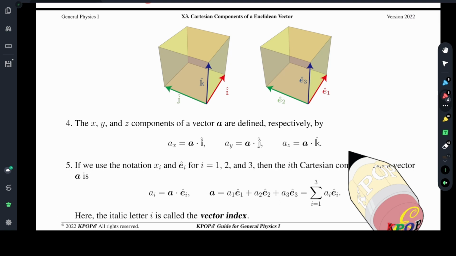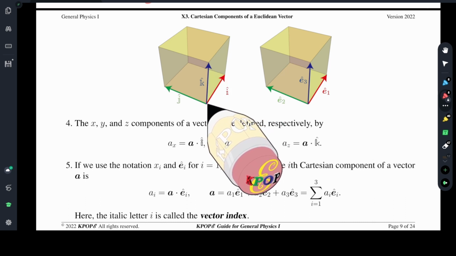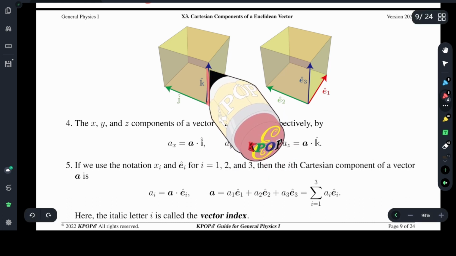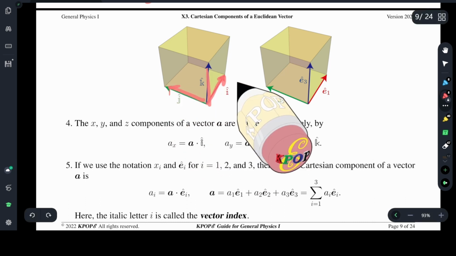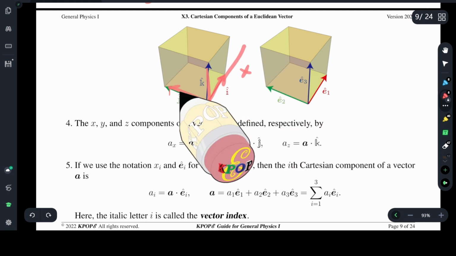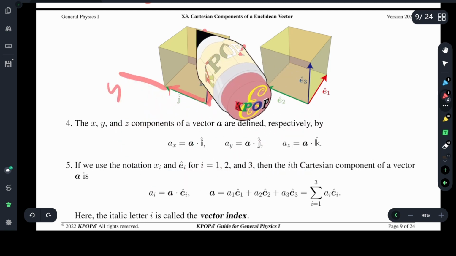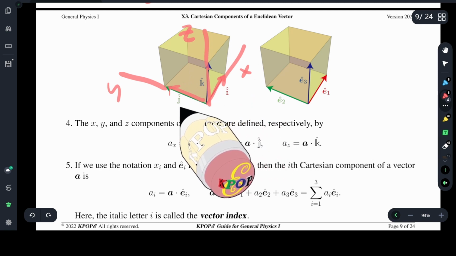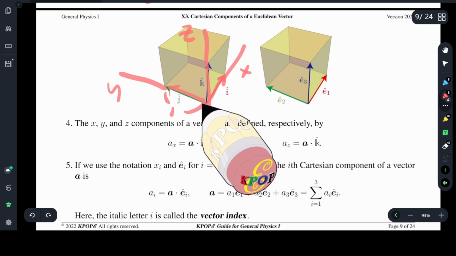Consider a cube of unit side in three-dimensional Euclidean space. These edges represent the x-axis, y-axis, and z-axis, and this length is the unit length.